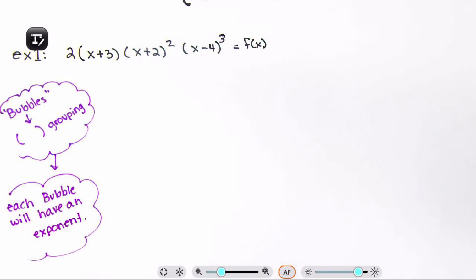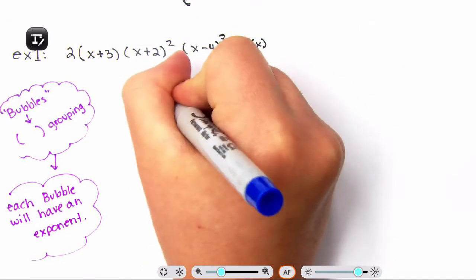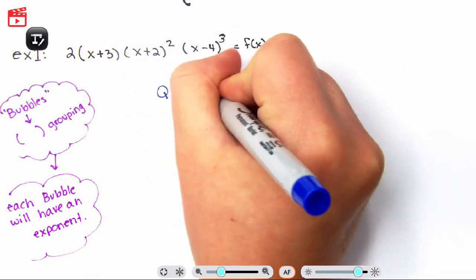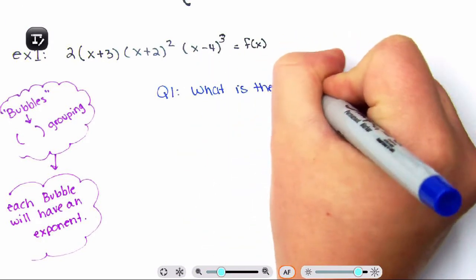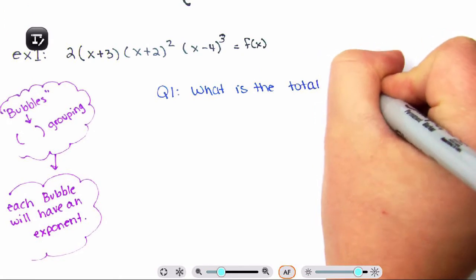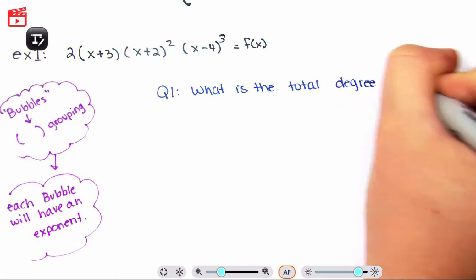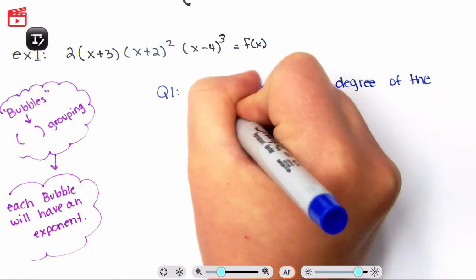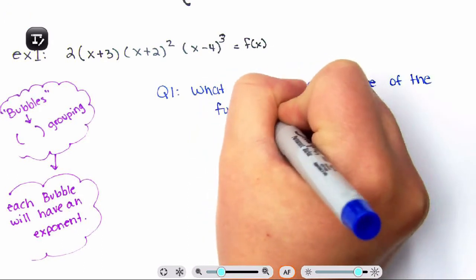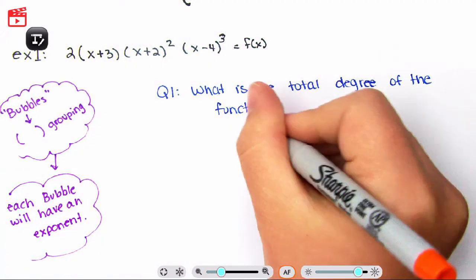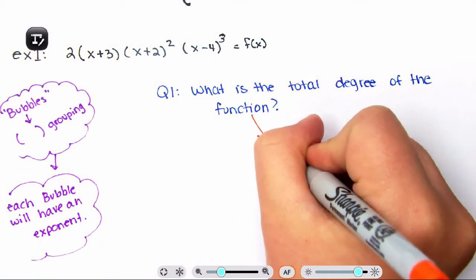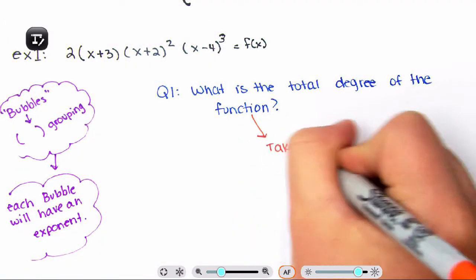So when they ask you what is the total degree of the function, what they are saying is take all exponents.